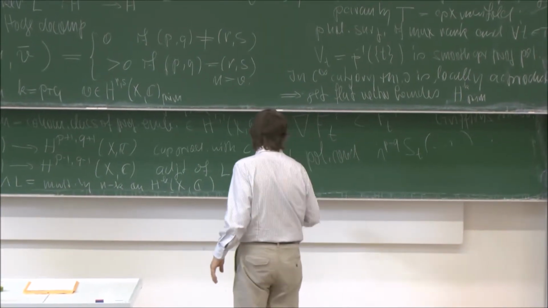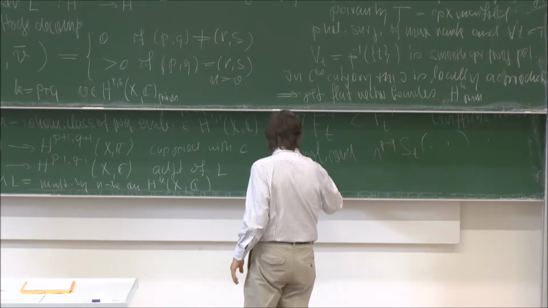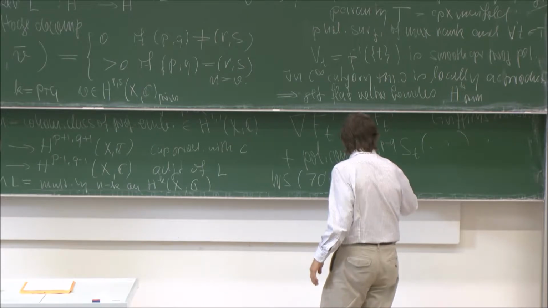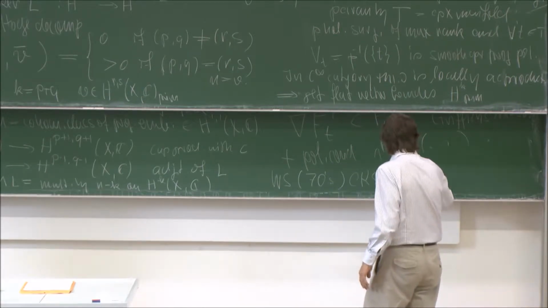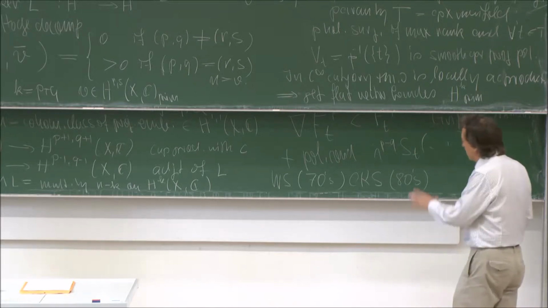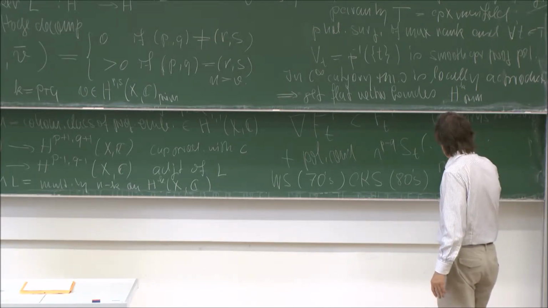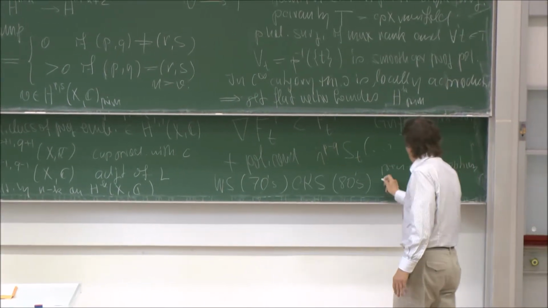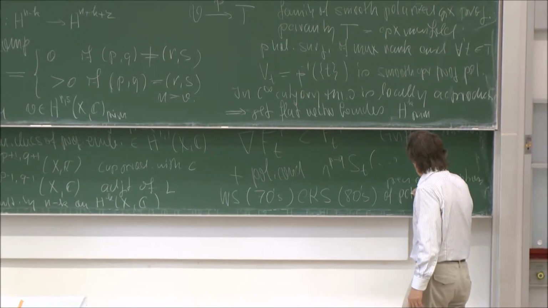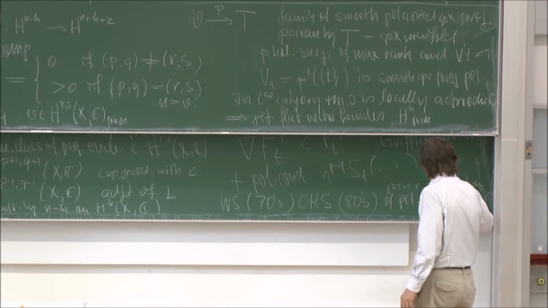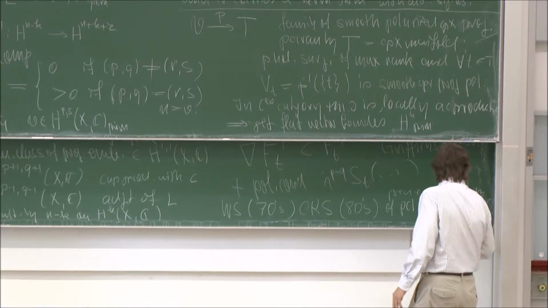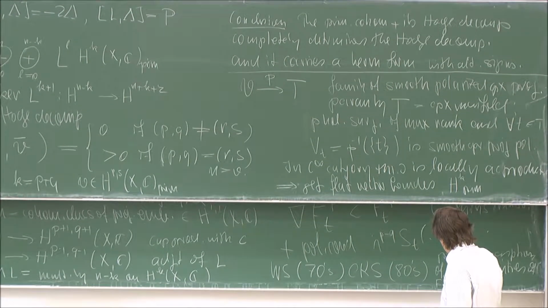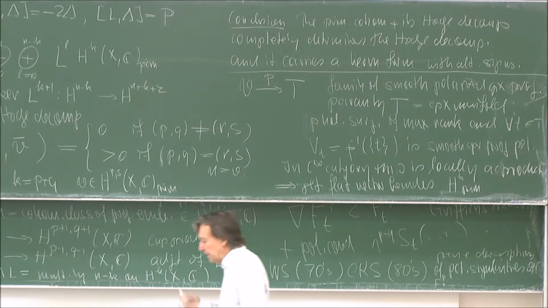But let's say Schmid in the early 70s, and Kaplan and Schmid in the 80s, gave very precise descriptions of the potential singularities of, let's say, the F^p_t. And what does that mean?